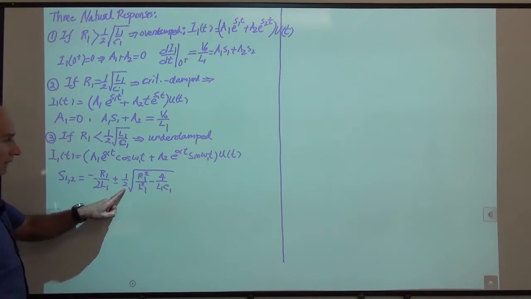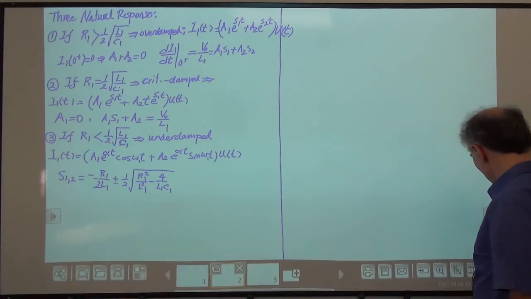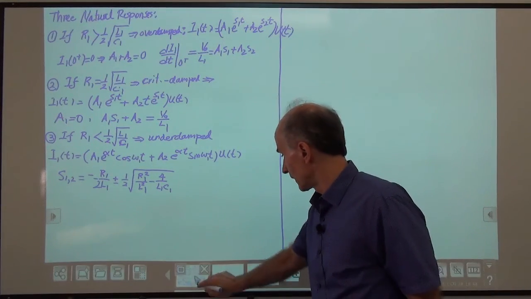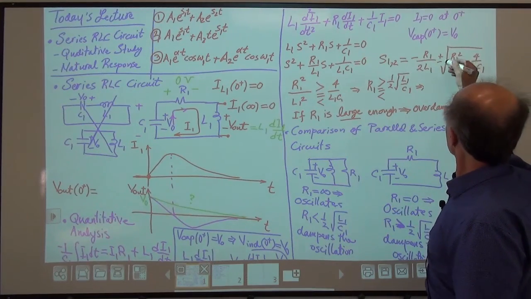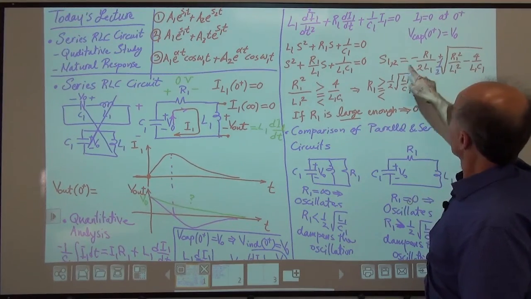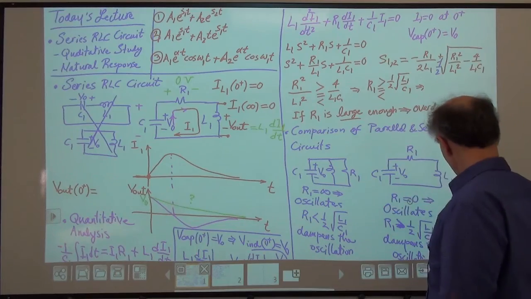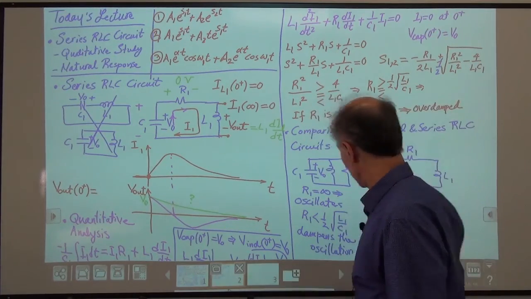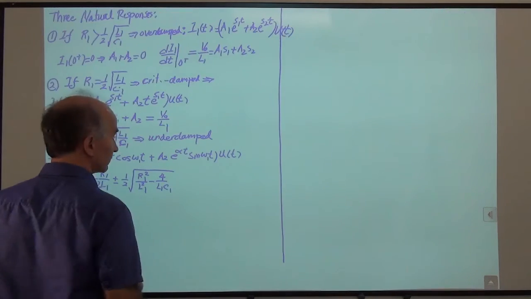Did I forget this factor 1/2 on the previous slide? Let's go back and make sure it is there. So yes, there's a factor of 1/2 here that I forgot. So these are the two roots, given by this equation. And so that's what I wrote on the next slide. So let's go here. And this is what we have.